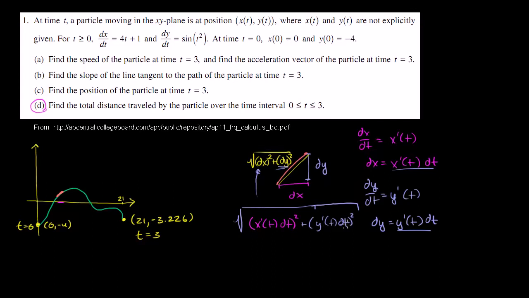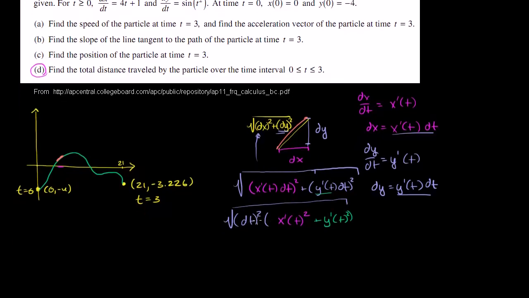And then you can actually factor out a dt squared. So this is going to be equal to dt squared times x prime of t squared plus, I'll do this in green, y prime of t squared. And then, of course, you can factor out the dt out of the radical sign now.